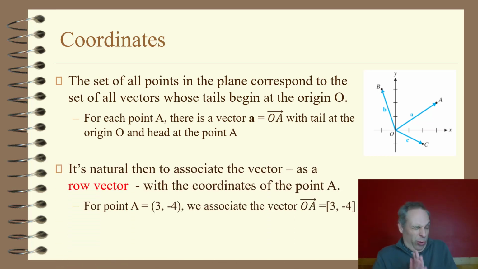It's natural then to associate the vector, called a row vector, with the coordinates of that point. So if you have the point (3, 4), we can then associate the vector going from the origin O to point A as a row vector in brackets whose entries are 3, 4.